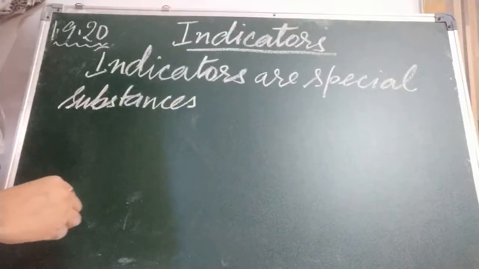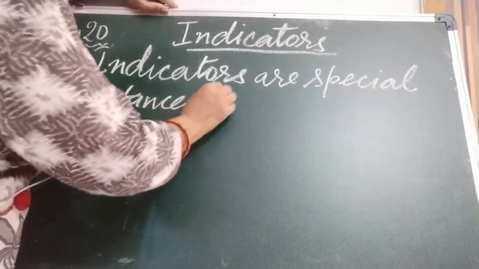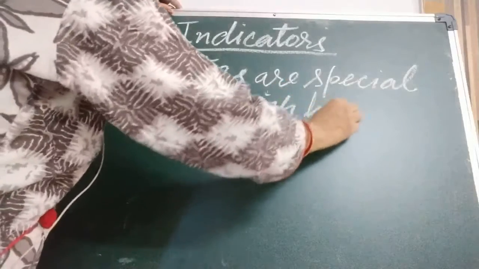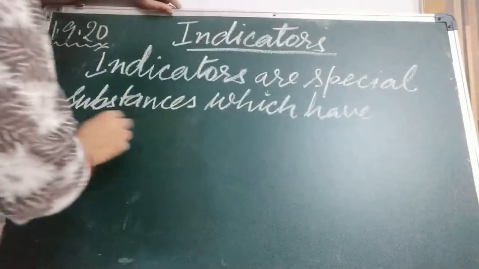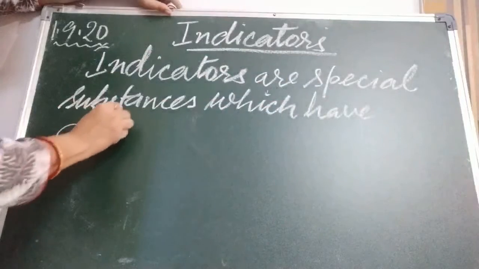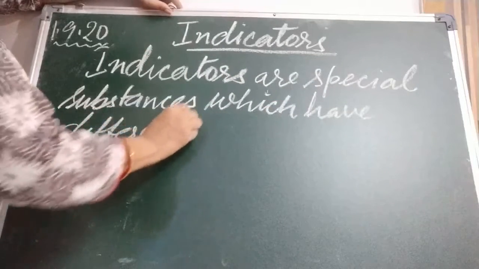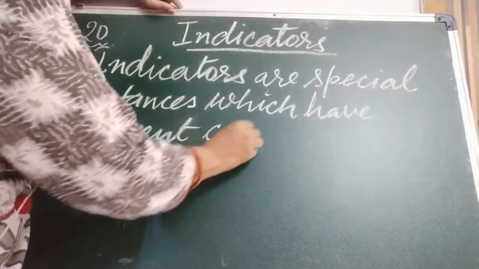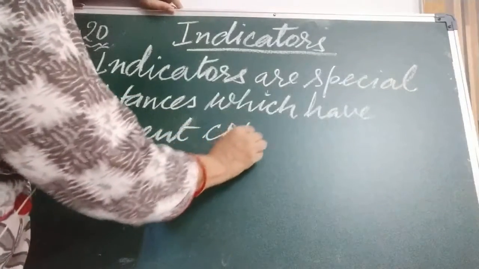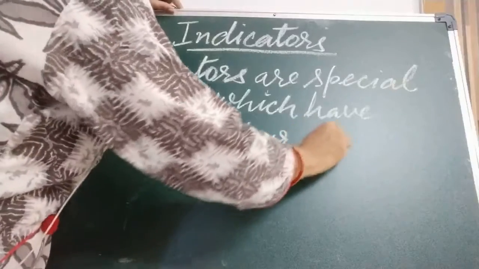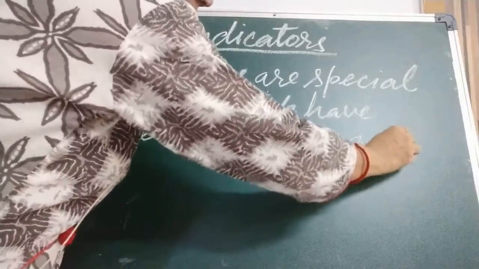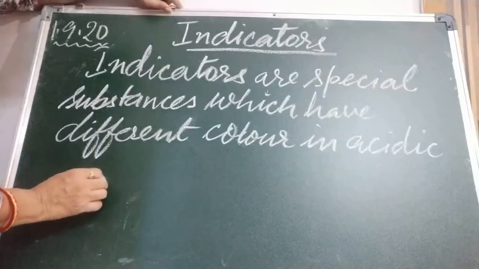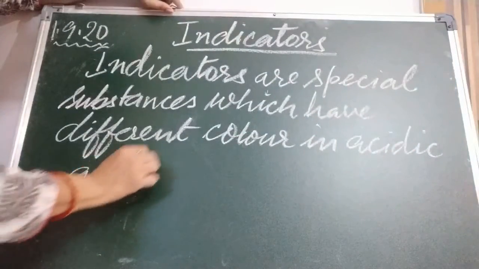Indicators are special substances which have different colors in acidic medium and different in basic medium.